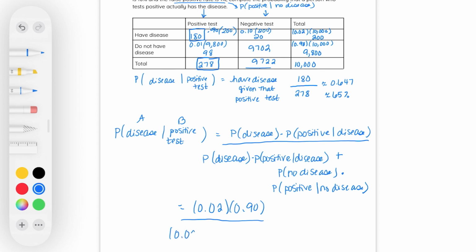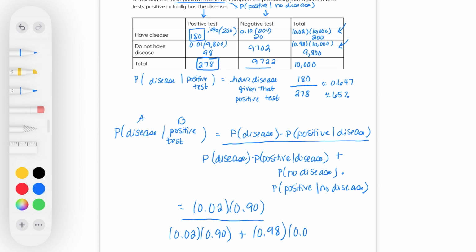And then we repeat this. So then the probability of not having a disease we found here. The probability of having the disease was 2%. Therefore, the probability of not having the disease is 98%. As we know, it has to total to 100%. And the probability of having a positive test given no disease was that false positive rate of 1%.